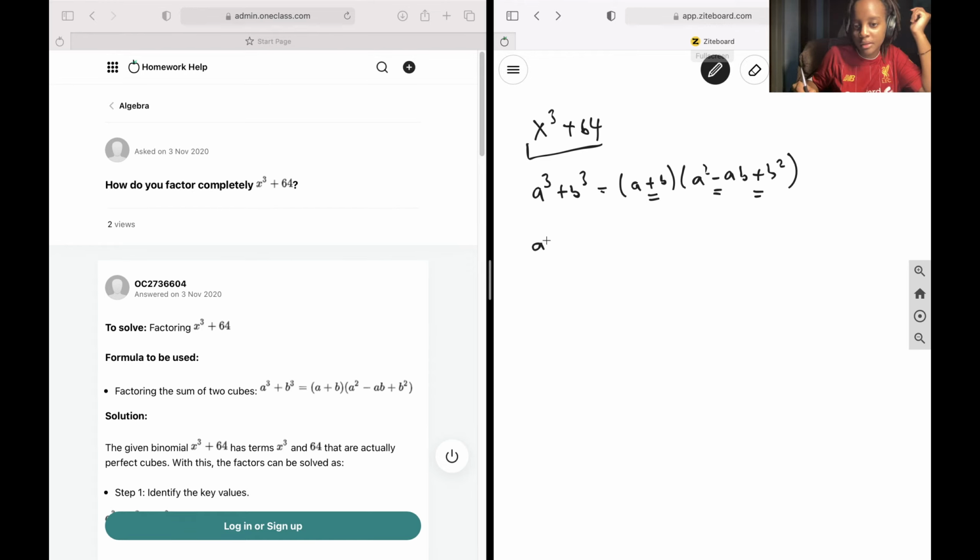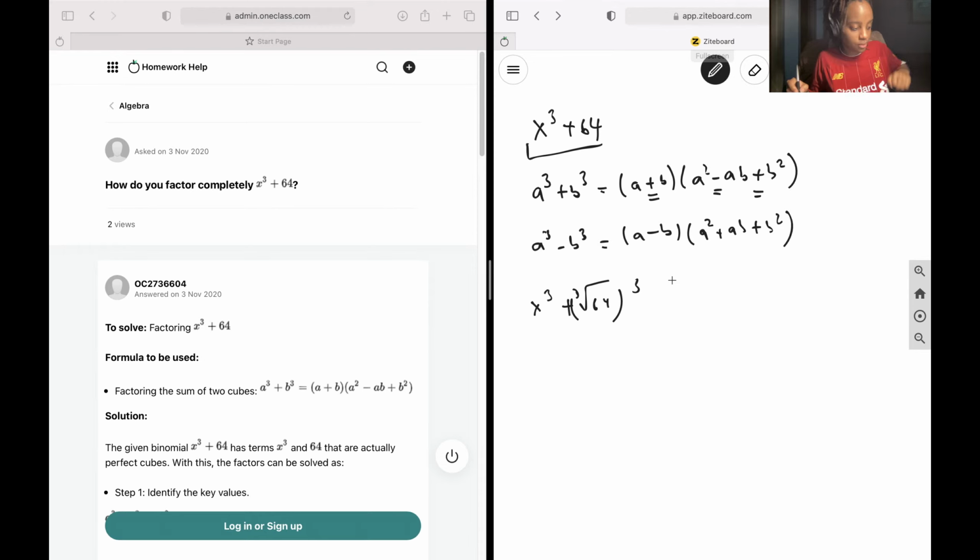And so if it's a cubed minus b cubed, you get a minus b, a squared plus ab plus b squared. And so now we just need to write this in cube form, to the power of 3. So the cube root of 64 is going to be 4.